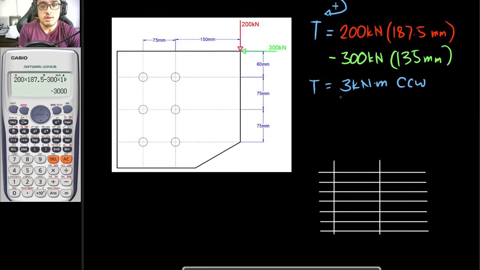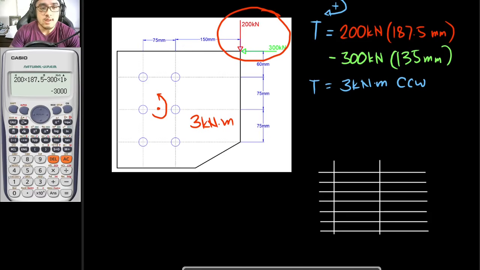Since this is our torsion, which is counterclockwise, this means that because of these forces, there is a torsional moment along this centroid. I will just redraw it. So this moment right here has a magnitude of 3 kilonewton meter, which is counterclockwise.